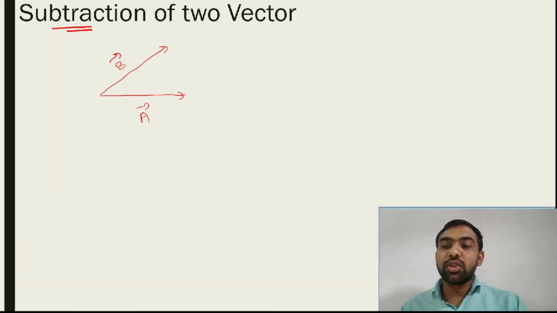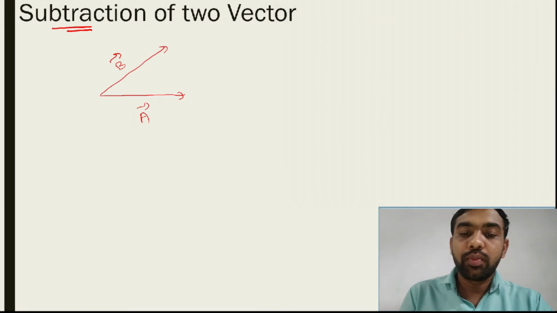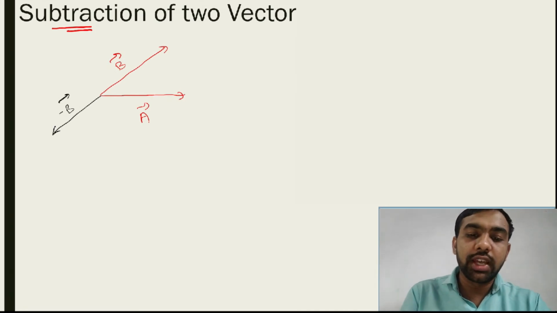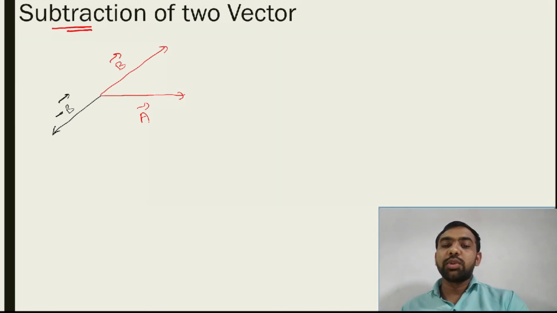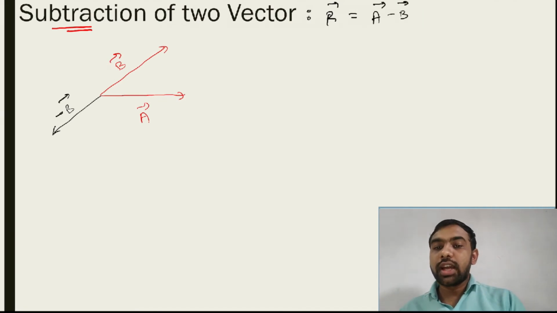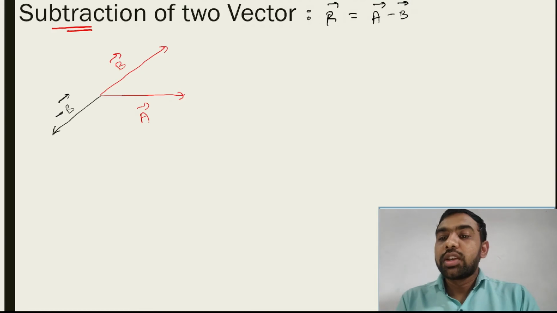Minus means opposite direction. So if you have to find the subtraction, then the resultant R is equal to A minus B.